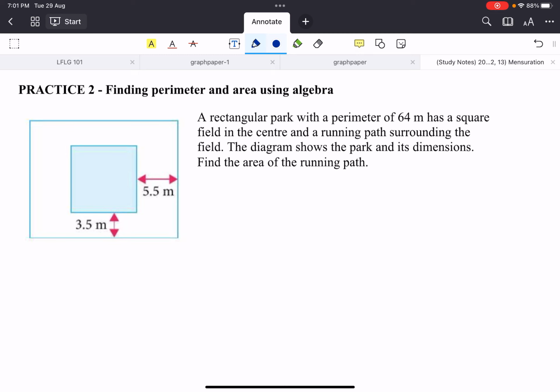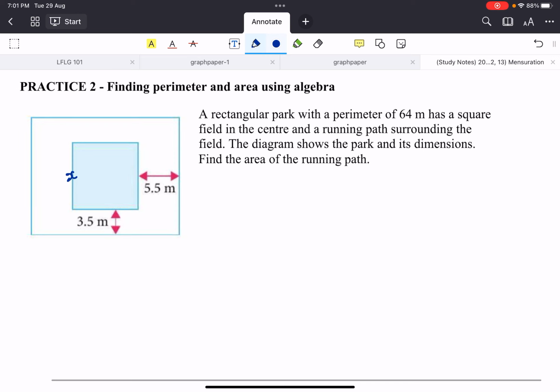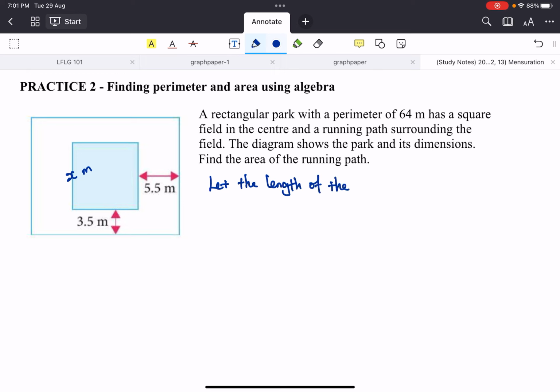So let's start with calling the side of the square field x meters. Let's define our variable: let the length of the square field be x meters. Then next we need a couple more pieces of information.